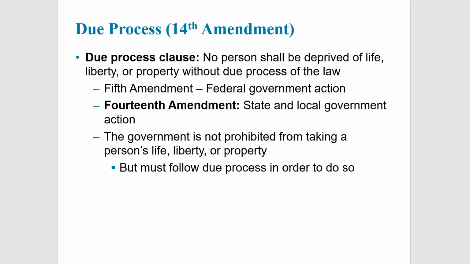So when we combine the 5th and 14th Amendments, we get protection from both federal and state and local government actions. The government is not prohibited from taking a person's life, liberty, or property. That's pretty important to note. It just says that they have to follow due process in order to do so.